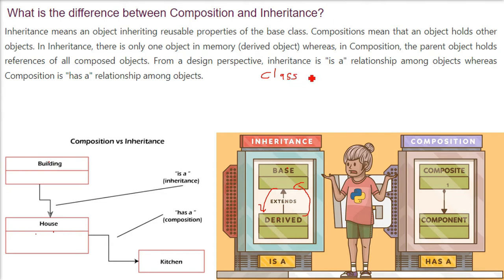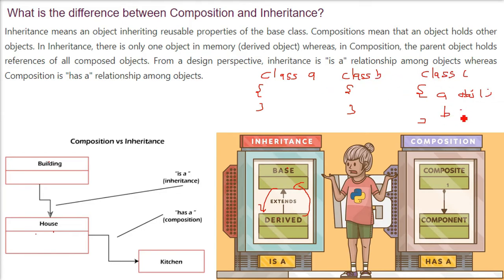Composition, let us understand with an example. We have a class A, then we are making a class B. Now we have a class C and we have an object of class A. We can make an object of class A, that is A obj1, and we can make an object of class B also, B obj2.